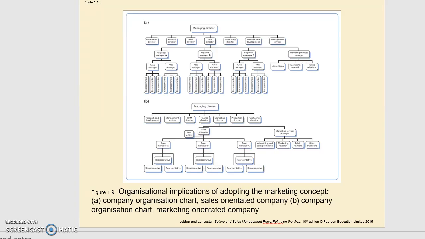Not as many layers as there is in a sales-oriented company. And then marketing obviously is going to have equal involvement as the sales, involving advertising and sales promotion, public relations, marketing research, and also direct marketing.